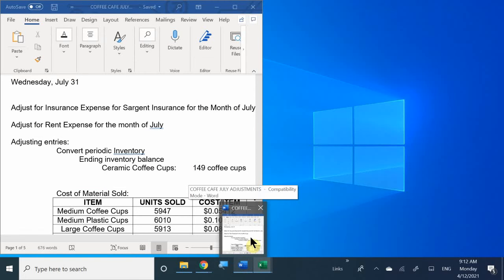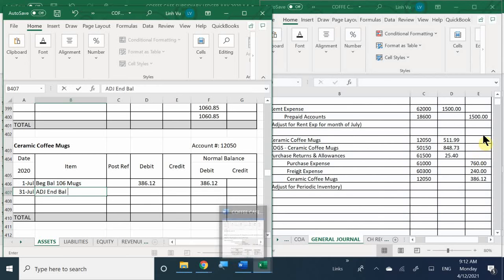How many cups should we have remaining? 149. Okay. Which, in our case, how much did it increase by? Or what was the balance? 511.99.